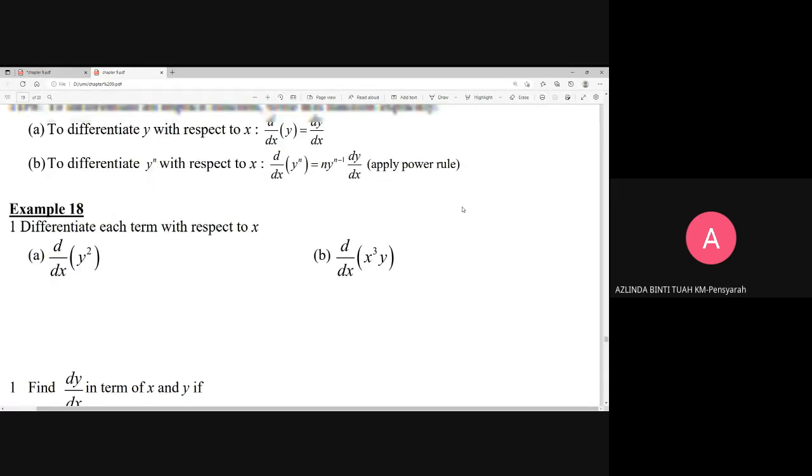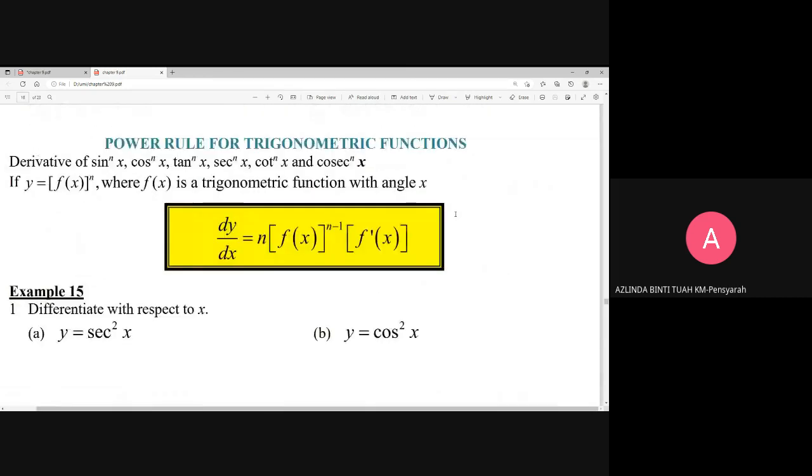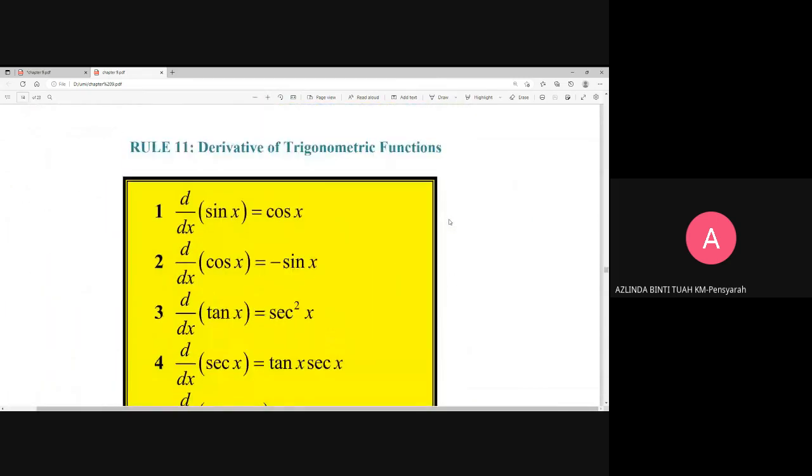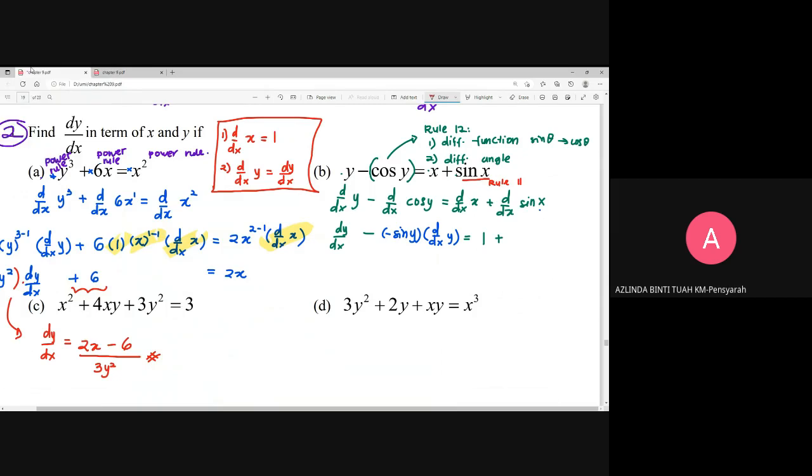Maybe forgot about that. So I'm gonna recap sikit rule nombor 11 tu yang mana? Yang ni ya? Bukan, ni 12. 11 yang ini. Differentiate, terus dapat dia punya jawapan. So differentiate sin is cos x. So the answer for the last part is cos x.